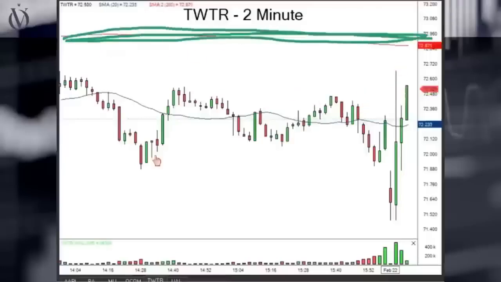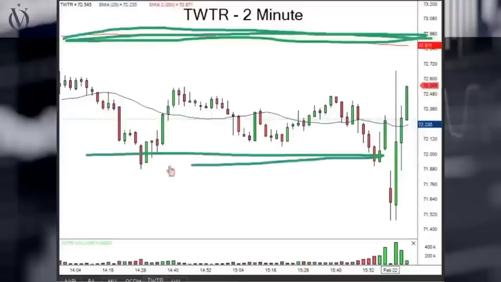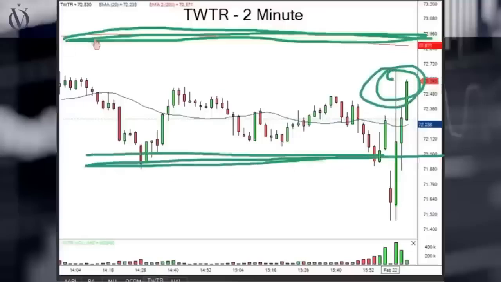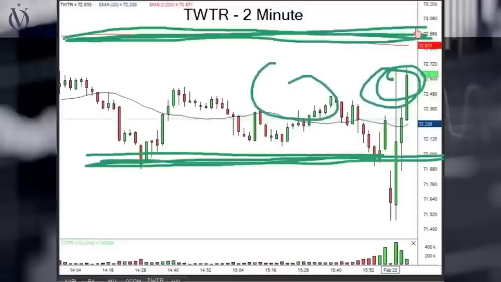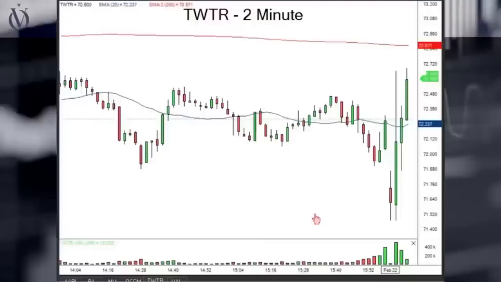Twitter is stuck in the trap zone. So here's your 200. Here's yesterday's or the prior day's data, and we're in between the ceiling and the floor. So you want to be careful with plays in the trap zone. The best plays are outside of the trap zone. The best plays are here and there.